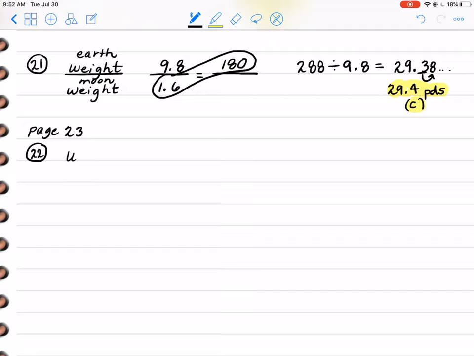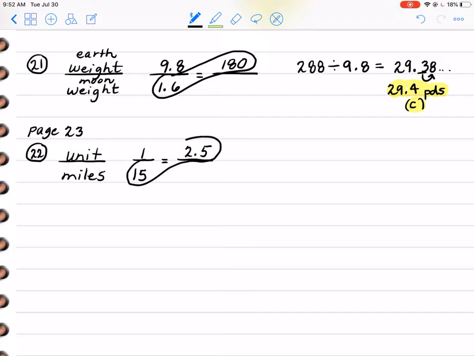And the scale is 1 unit is equal to 15 miles. So we need to know how many units there are between those two towns. And there are roughly 2.5. It's a little bit hard to eyeball, but roughly 2.5 units.